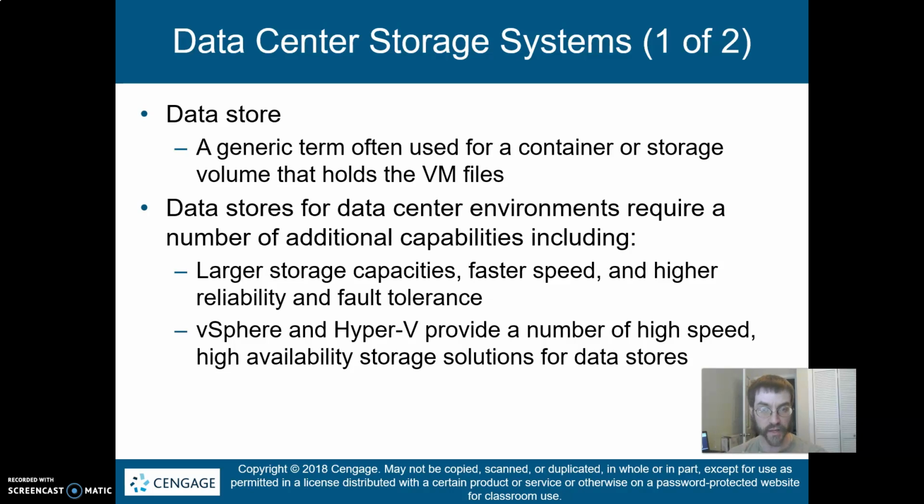In the Linux course, we may have talked about the B tree file system or zettabyte file system, truly massive storage file systems. Both vSphere and Hyper-V provide some high-speed, high-availability storage solutions. So we're talking very, very, very fast hard drives and lots of them. We're also talking about storage tiering.